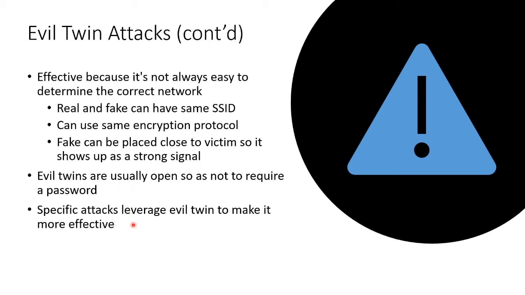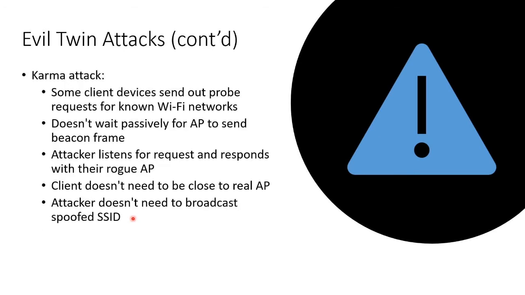There are specific attacks that leverage evil twins to make it more effective, such as stealing usernames and passwords with bogus websites. The karma attack is you have client devices sending out probe requests for known Wi-Fi networks. And what we're doing is we're not waiting passively for some access point to beacon out its SSID.